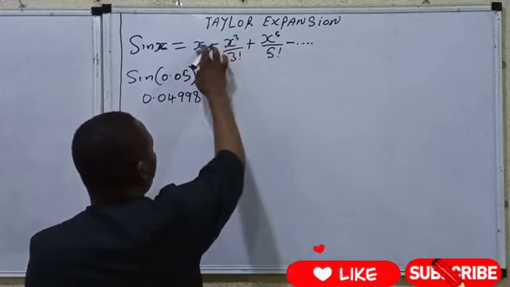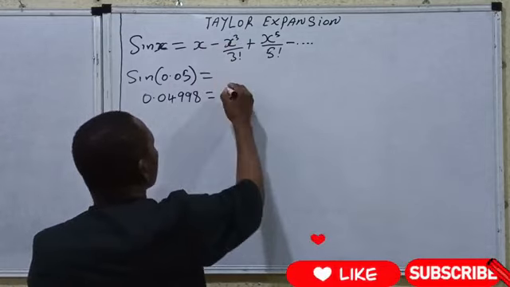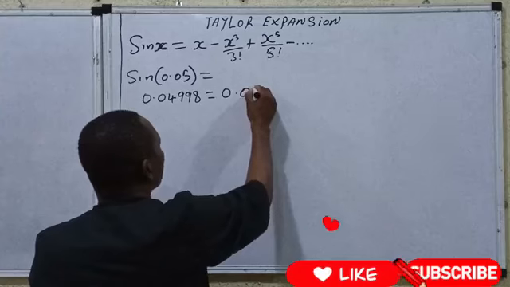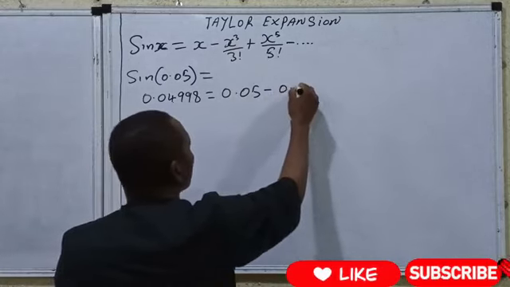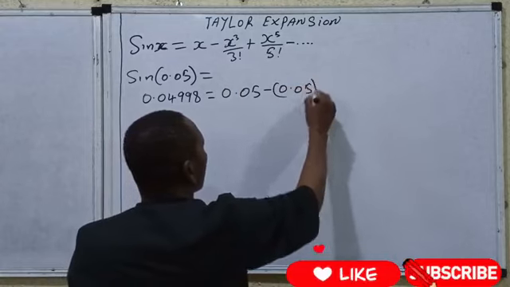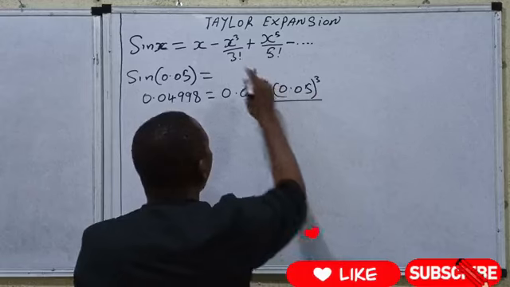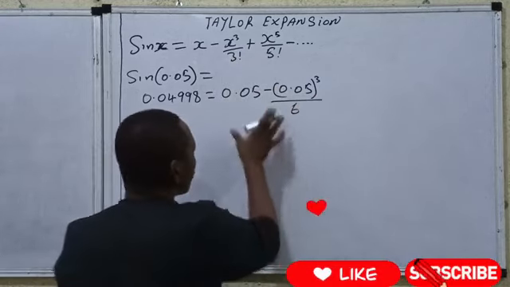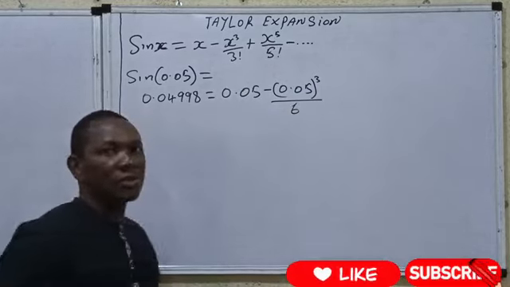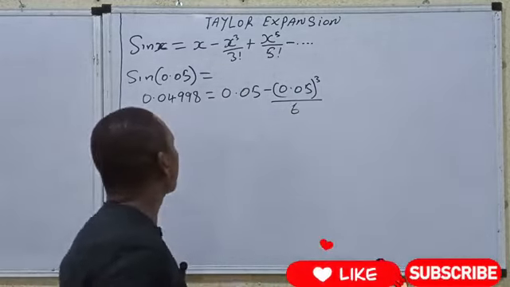Here is x, so x is 0.05, minus 0.05 raised to the power 3 all over 3 factorial, which is 3 times 2 times 1, which is 6. Solve this, and you get approximately this value.